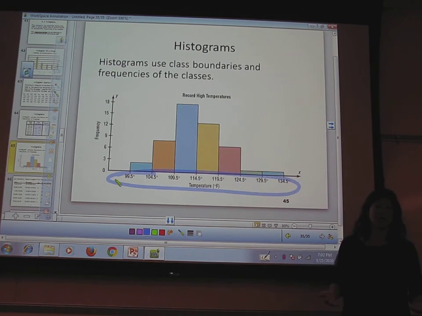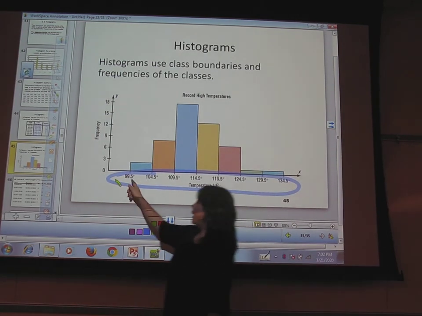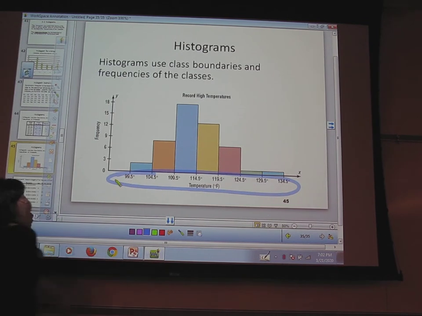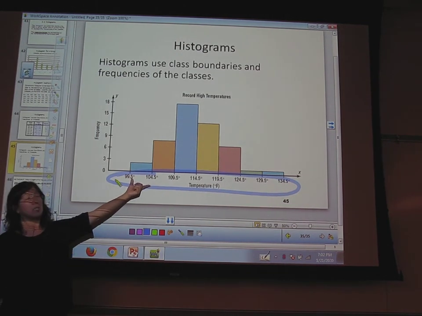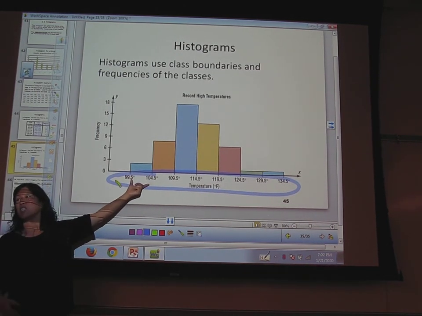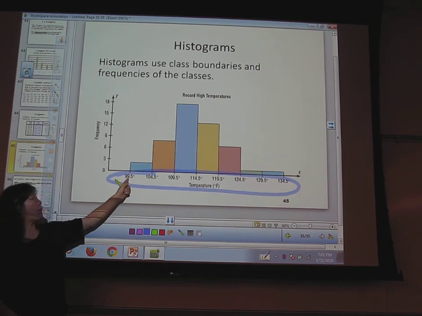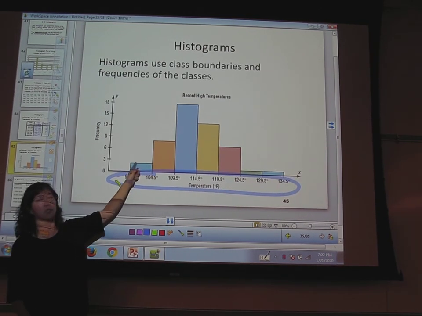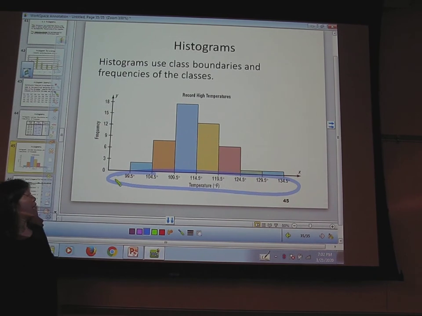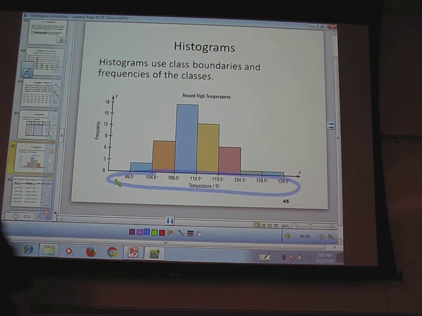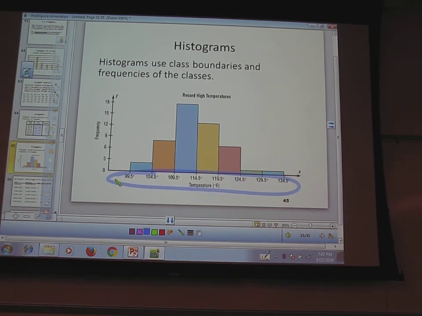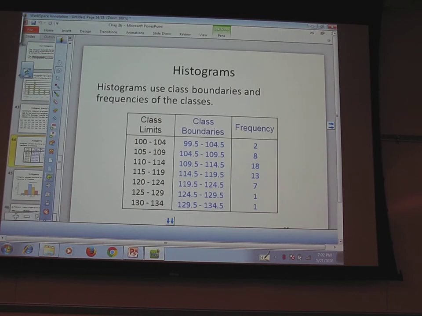So my first class has boundaries between 99.5 and 104.5. That's my first class. How high is my first class? It has a frequency of 2. So I'll go up 2, just like that. My next class has a frequency of 8, maybe? 8.